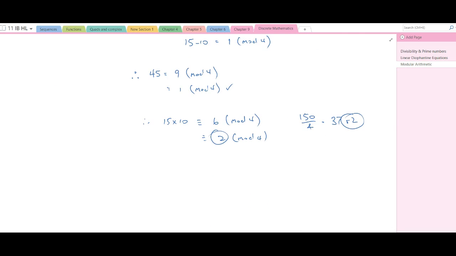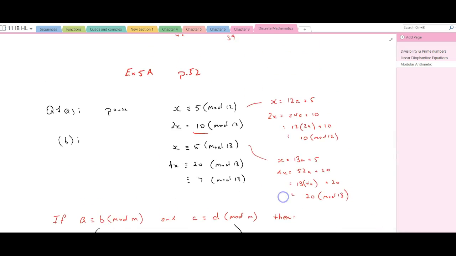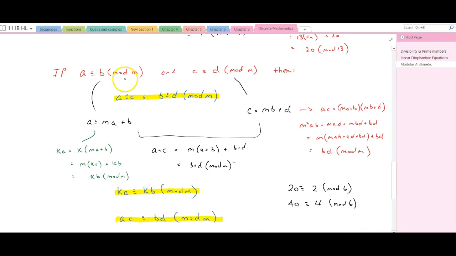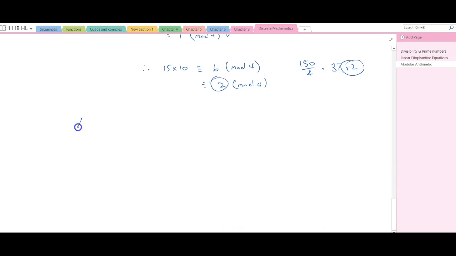The last one of these results we're going to look at is this: if A is equal to B mod M, then we can take A to any integer power n, and that will be equal to B to the same power.